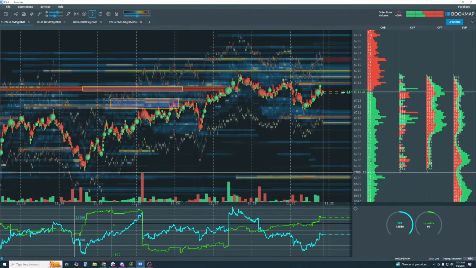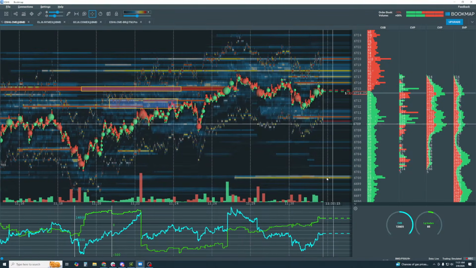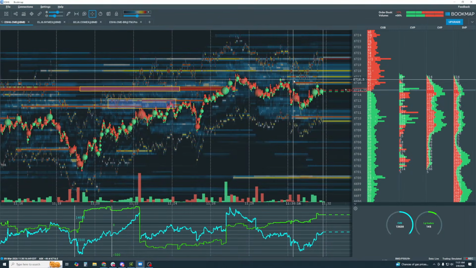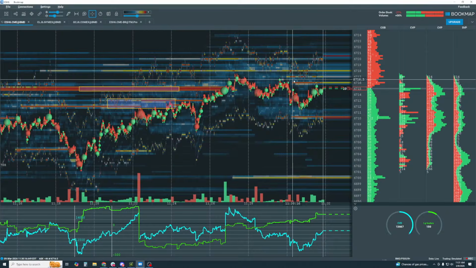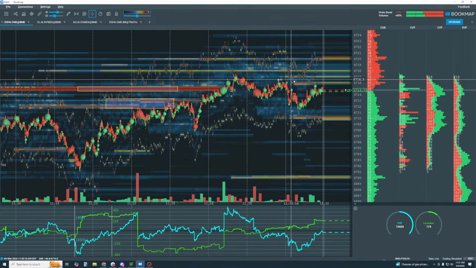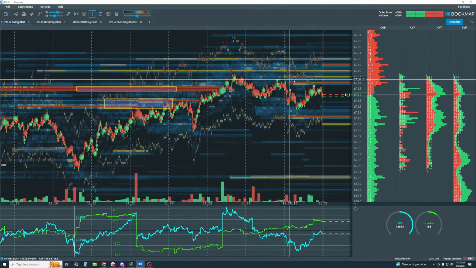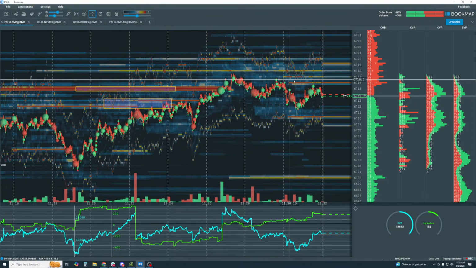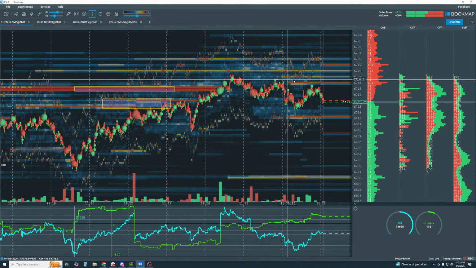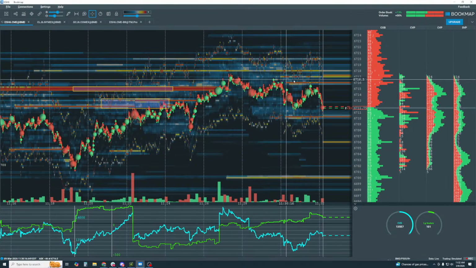We got back up to almost 16, but we have to break the structure. The structure is up here at 16, and we just tested 16. Let's see if we can get a squeeze here. No.